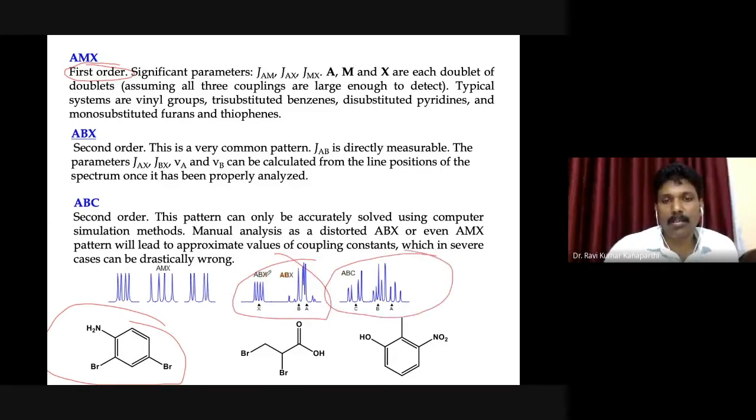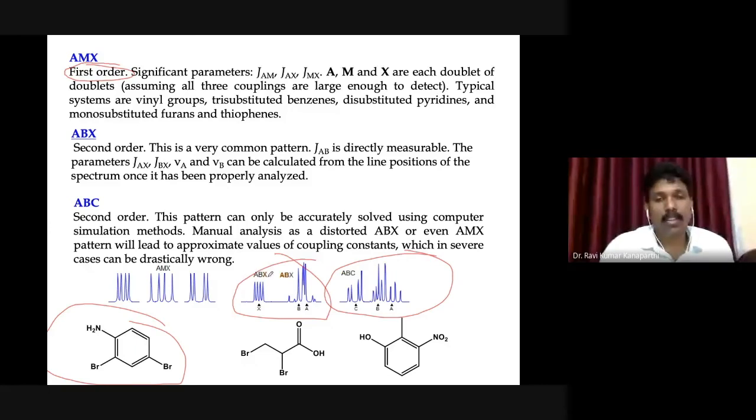So AB will split into as many lines based on the number of neighbors. You cannot expect the same number of lines that you expect in the case of first order. You can just remember this X line: X has two neighbors, one is B and one is X, right?